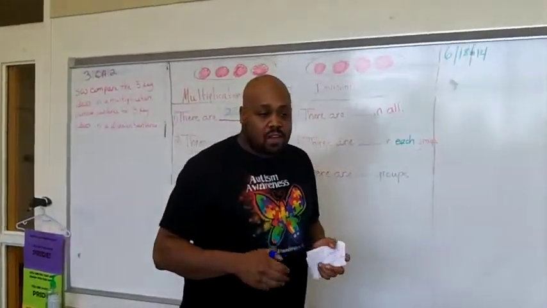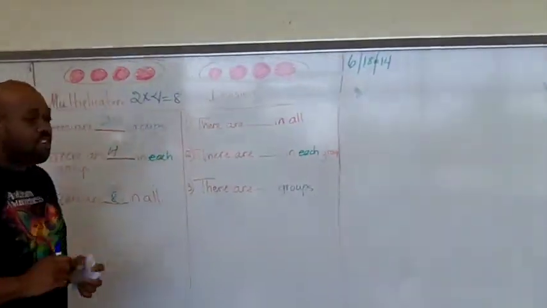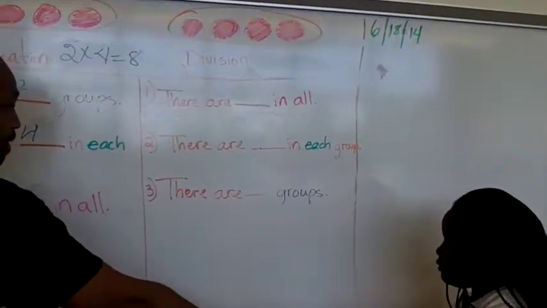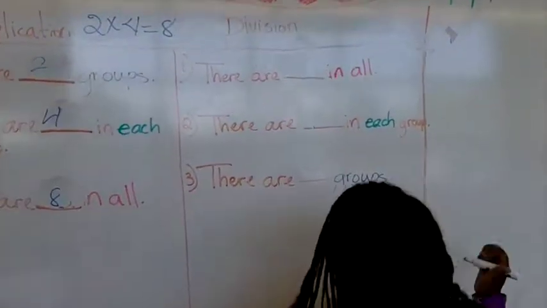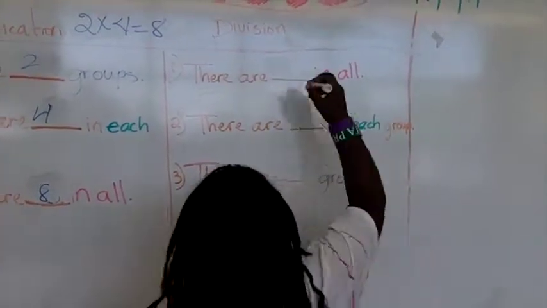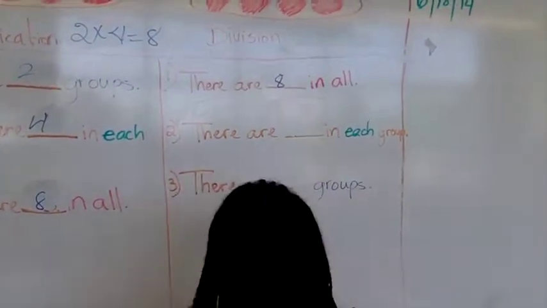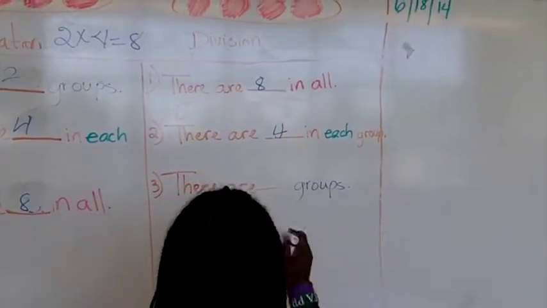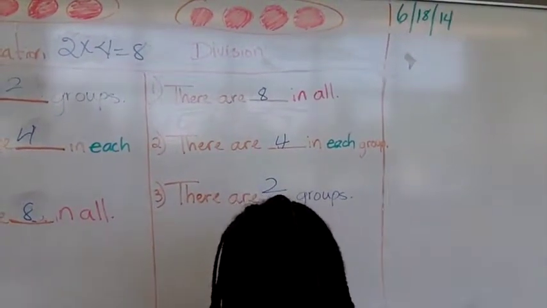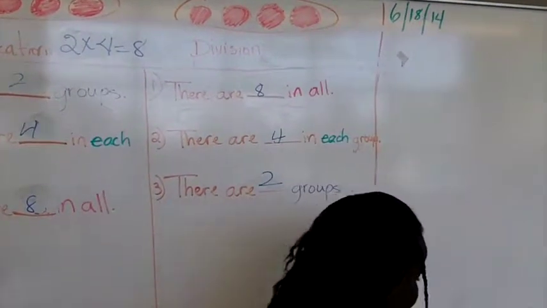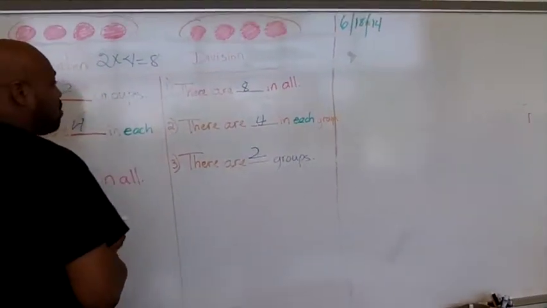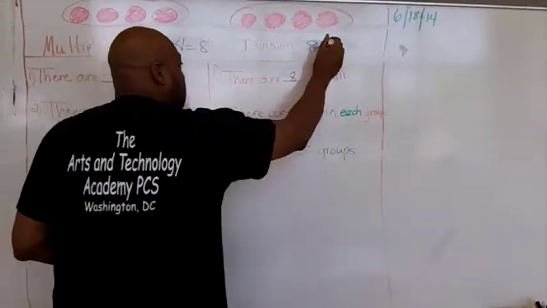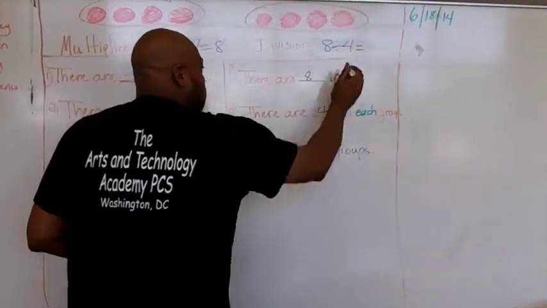Okay, let me call on Marie. Would you come to the board, please, and fill in the numbers for our division side? Okay, so what Marie has told us is that 8 divided by 4 equals 2.